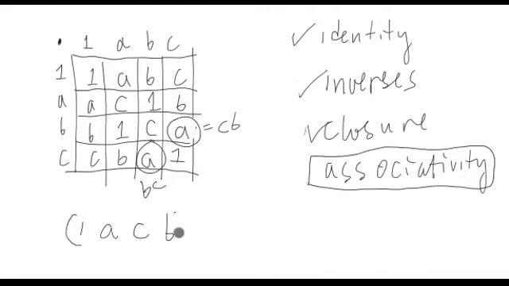So we actually have a 4-cycle here. That's what that one represents. Now, what is this one right here? 1 goes to B, B goes to C, C goes to A, and A goes back to 1.